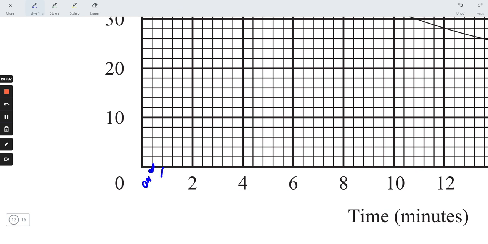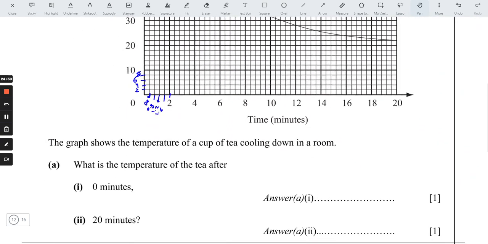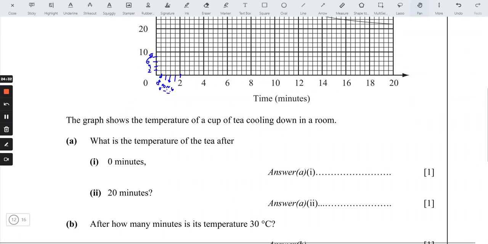Then we have 0.8, then 1.2, then 1.6. Add 0.4, you will get 2. Also for here, 10, we also have 5, so each one is 2. So 2, 4, 6, 8, 10. This is the first step. Now we can start doing the question.